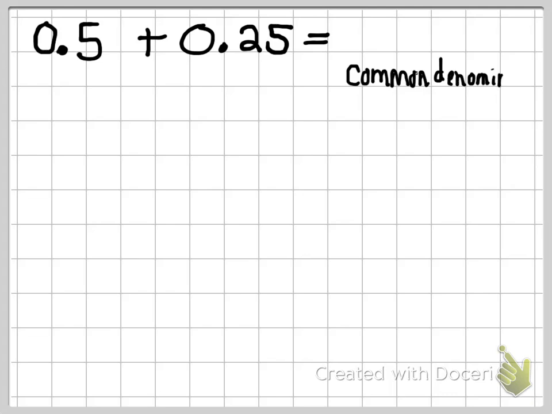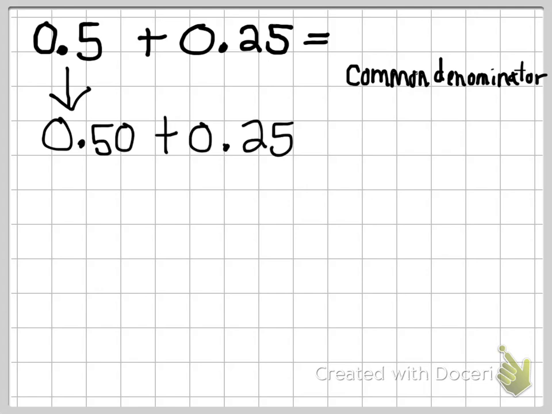With decimals, common denominator is pretty easy. It's either 10, 100, 1,000, 10,000, 100,000, and so forth. They're all multiples of 10, or rather, powers of 10. So, 5 tenths will change to 50 hundredths plus 25 hundredths.